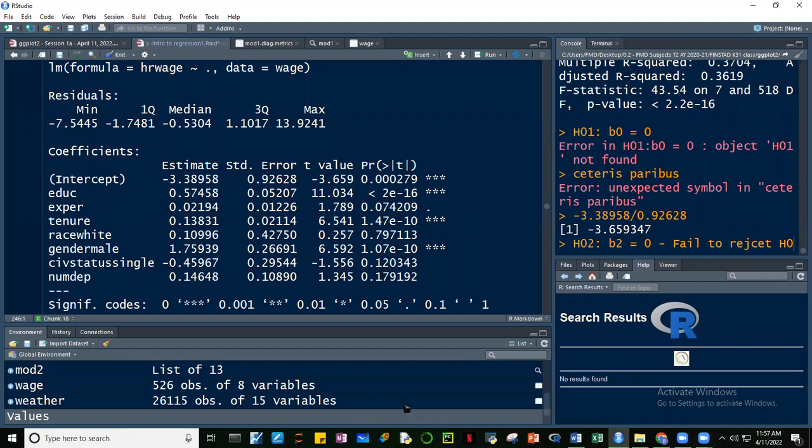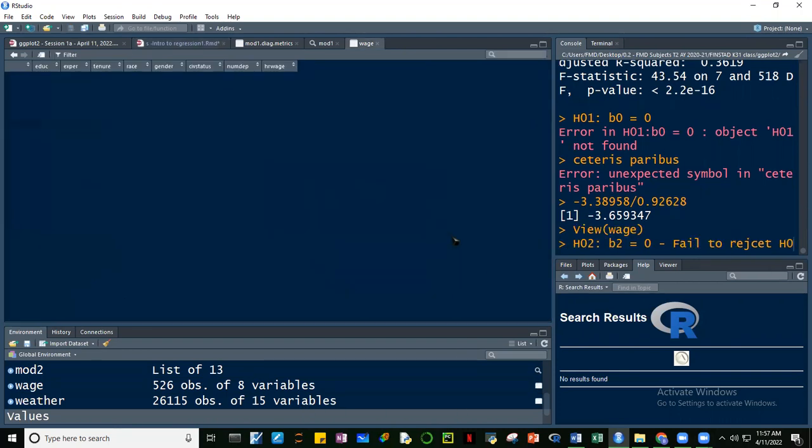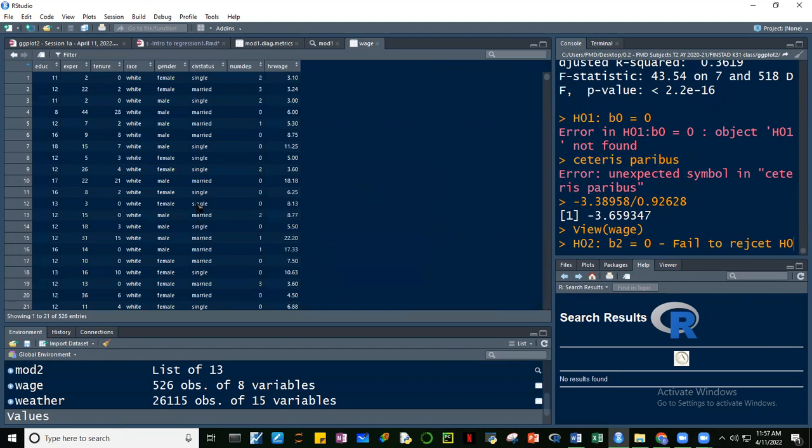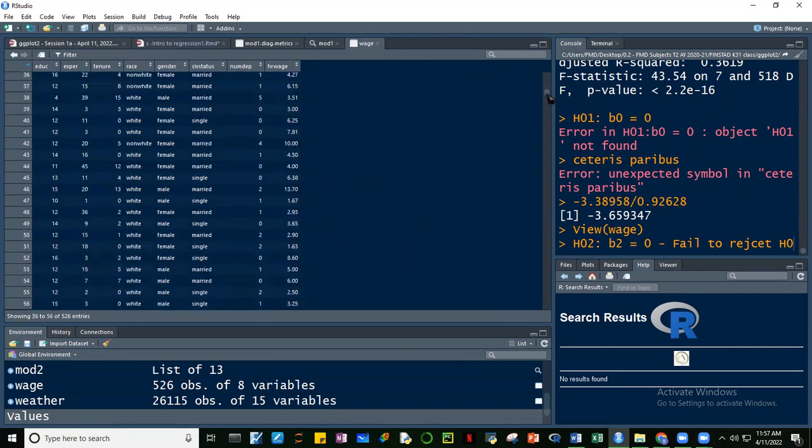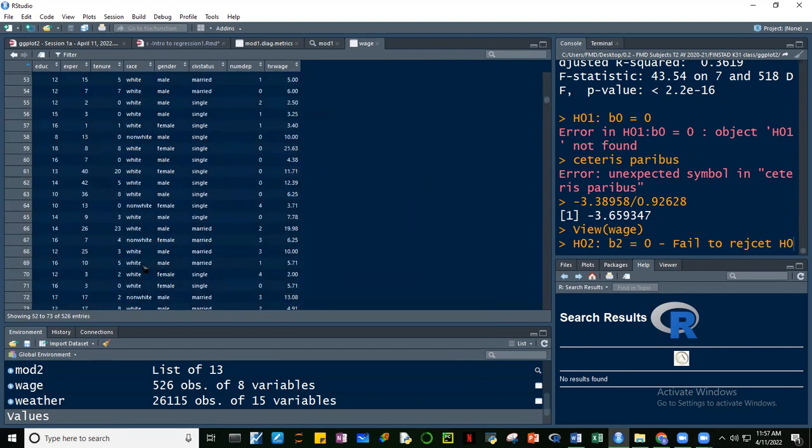Okay, tingnan natin yung wage natin. Okay, ito yung tatlong factors natin: race, gender, and civil status. Now si race, dalawang klase siya, white at saka non-white, diba?